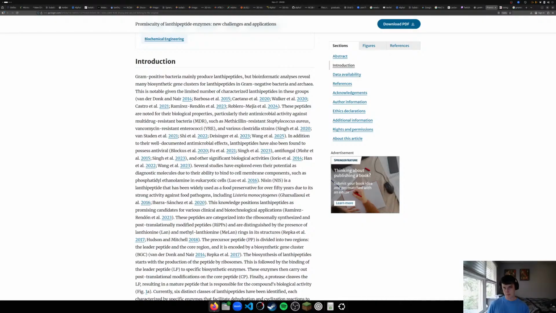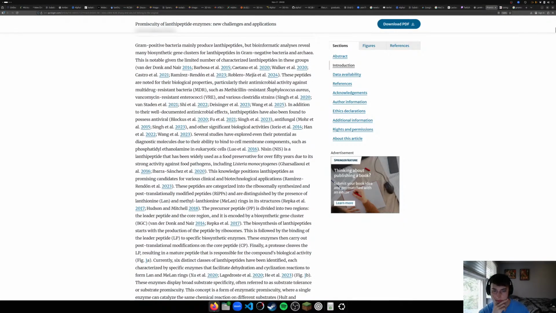Gram-positive bacteria mainly produce lanthipeptides, but bioinformatic analyses reveal many biosynthetic gene clusters for lanthipeptides. It is notable given the limited number of characterized lanthipeptides in this group, particularly their antimicrobial activity against multi-drug-resistant bacteria.